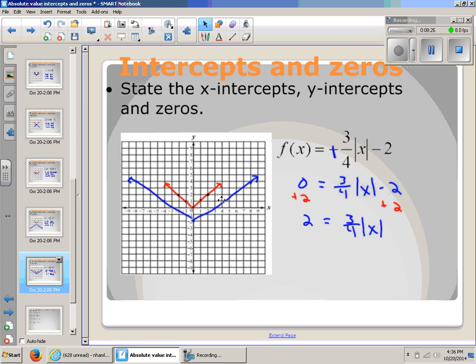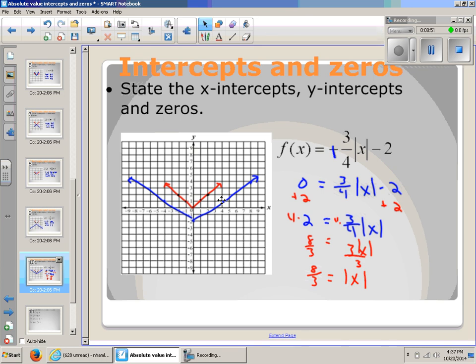Now, to get rid of that 3/4, I can either divide by 3/4, or I can multiply both sides by 4, and then divide by 3. It gives me 8/3 equals the absolute value of x.